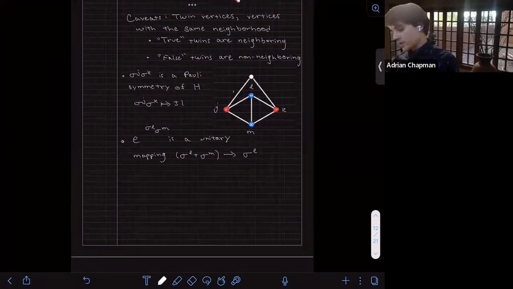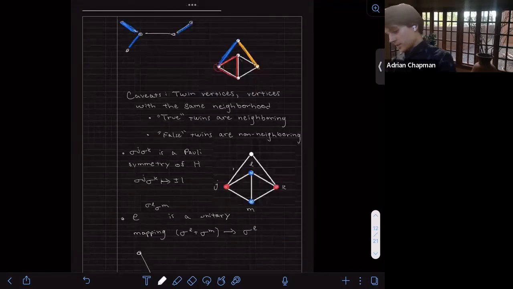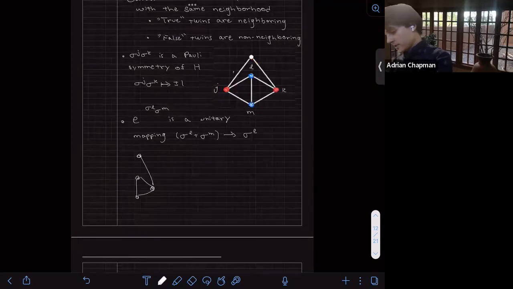In the former case, I do a projection onto a symmetric subspace to remove one of them, and that gives this graph. That is a line graph, and it's the line graph of, I believe, this graph.